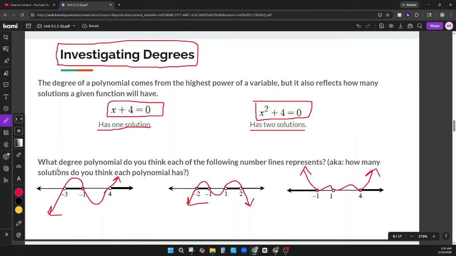So first, let's establish what degree polynomial do you think each of the following number lines represents? AKA, how many solutions do you think each polynomial has? Take a moment to take your best guess, your best assumption, and then we'll go over the answer momentarily.